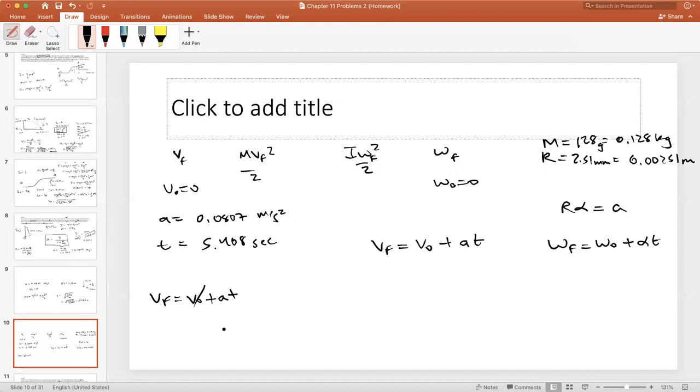Cancel that, that's easy enough to find. Once you have v final, multiply m over 2 times v final squared, and that is your translational kinetic energy. Okay? Then you can do one of two things. You can either solve this for alpha, because you know A and R, or you can simply use R omega equals v, so omega is v over R, omega final.